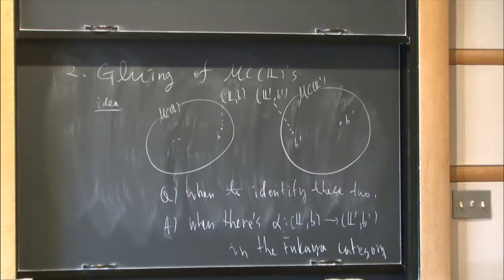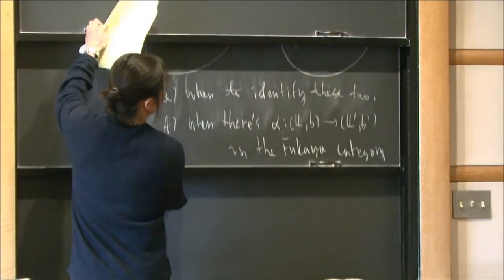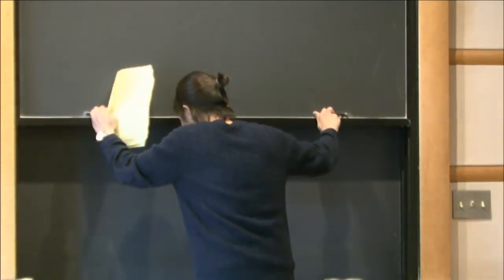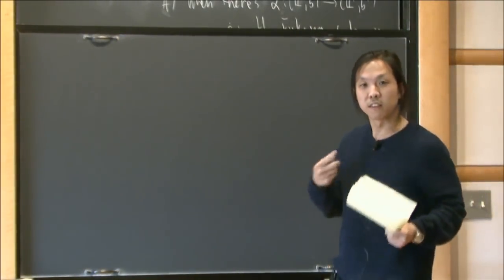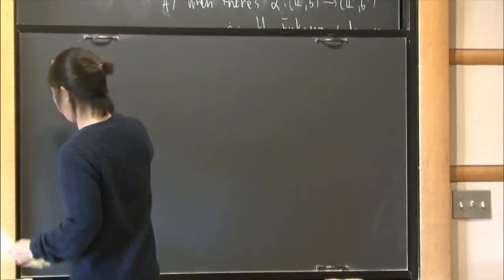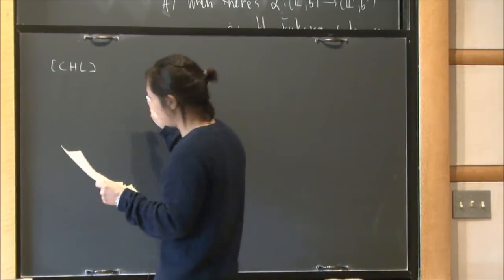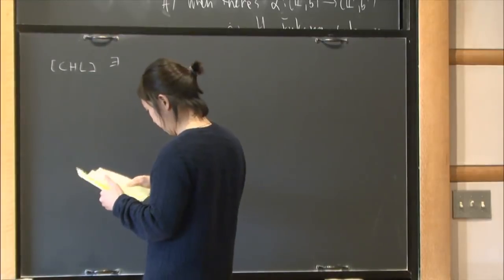All right. And then we're going to glue these two objects. This is not totally abstract nonsense, because when you glue these two charts using this isomorphism, you can still have a functor. This is again Cho, Lau and myself. In this case the statement is slightly sloppy, but I'll give you a more concrete example in a minute.